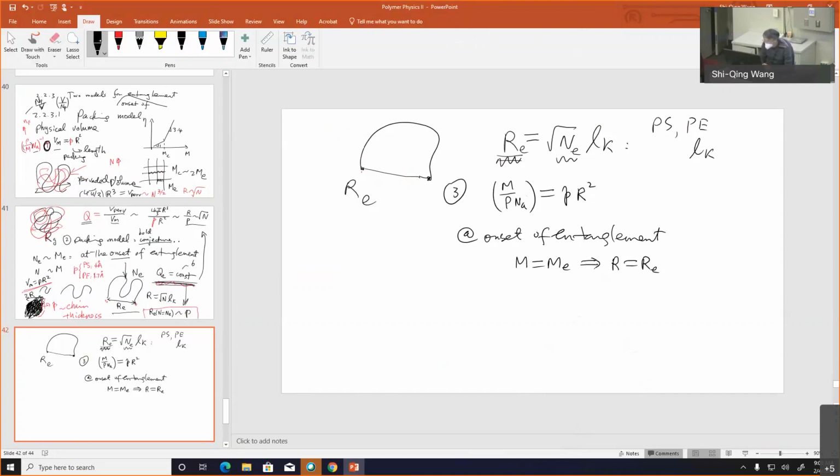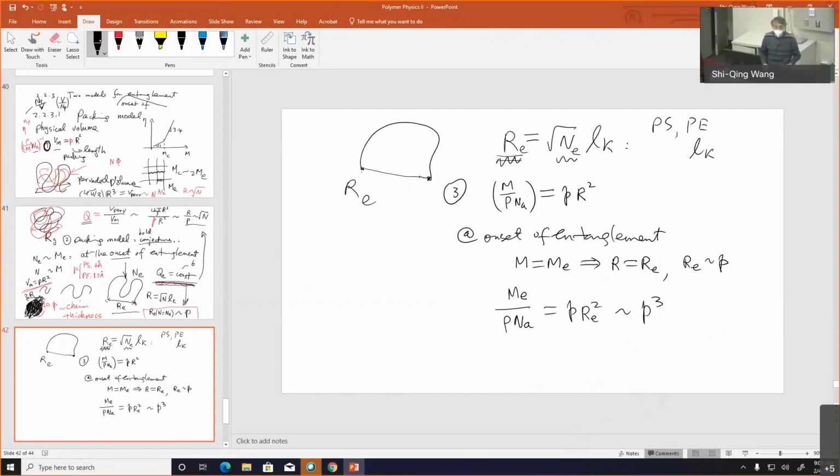That's the onset. We know at that point R is proportional to p. So I can write the equation above again: M_E over rho times Avogadro constant equals p R_E squared. Essentially, it's p to the third power.